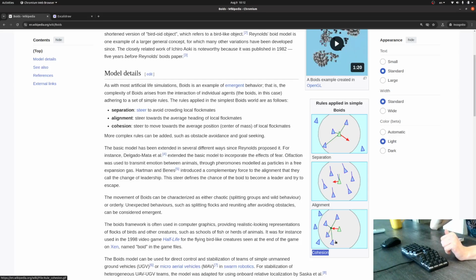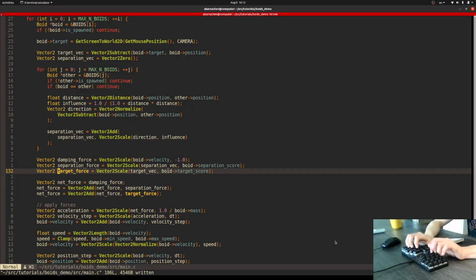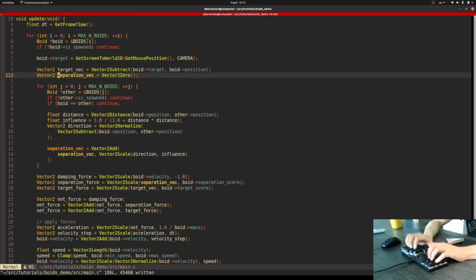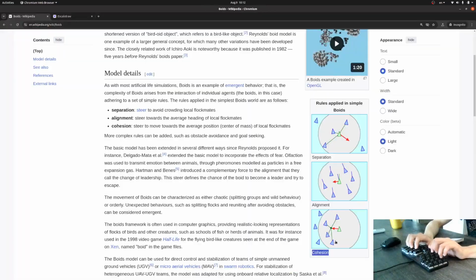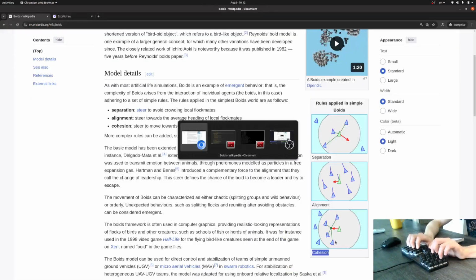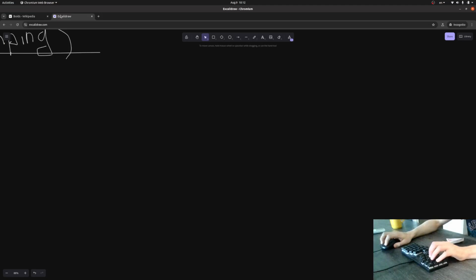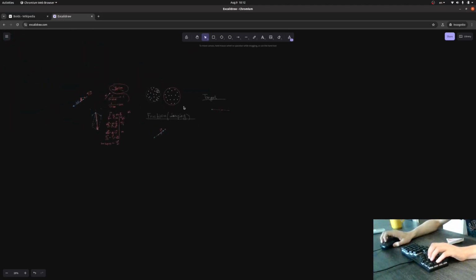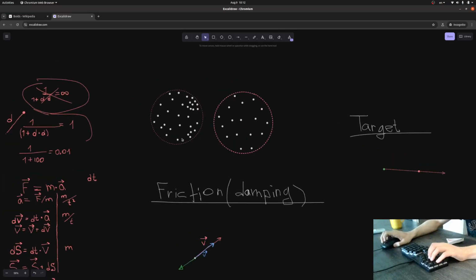But for this we need to also, you know what, let's first improve our separation force a little bit, because I don't like the idea to separate boids over all the space. Let me try to explain.